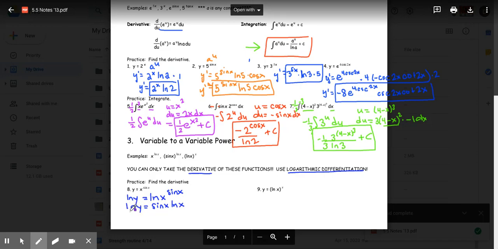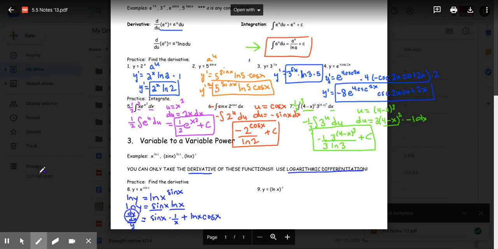So derivative of ln y, so derivative of the inside, so derivative of y is dy over dx over the inside, equals, to derive this, I have to use what rule? Product rule. So first times the derivative of the second, the derivative of ln of x is derivative of the inside over the inside, so it's 1 over x, plus the second times the derivative of the first, the derivative of sine is cosine.